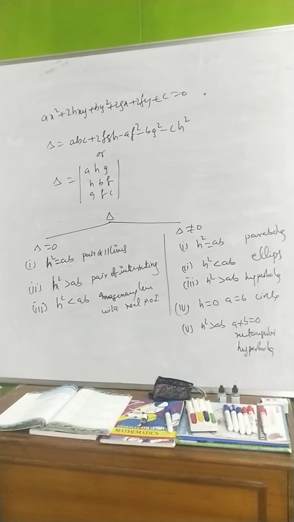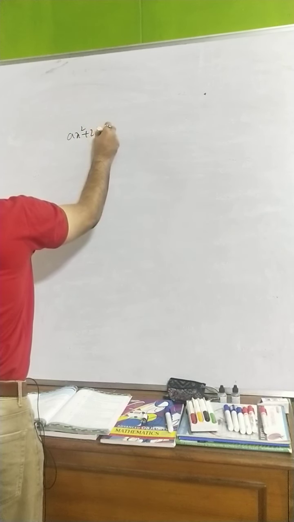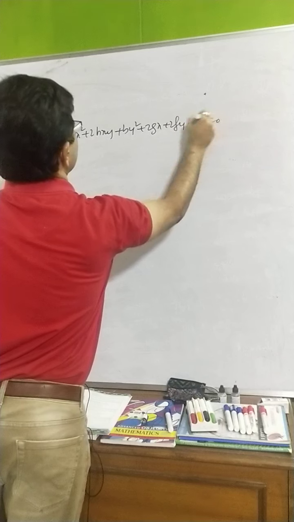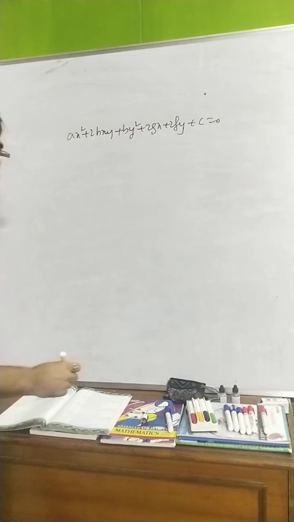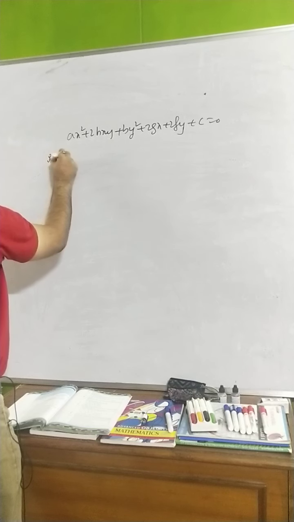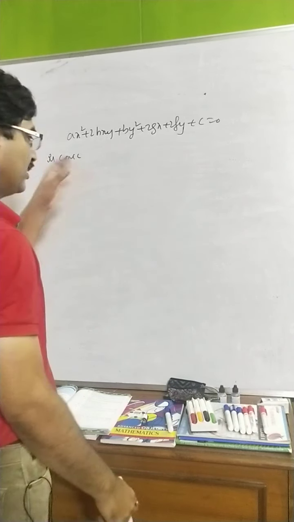Now see here how to find the center. For example, a second degree equation is given: ax square plus 2hxy plus by square plus 2gx plus 2fy plus c equal to 0. The second degree equation is given and it represents some conic. Is a conic means you know very well that delta not equal to 0 is compulsory.